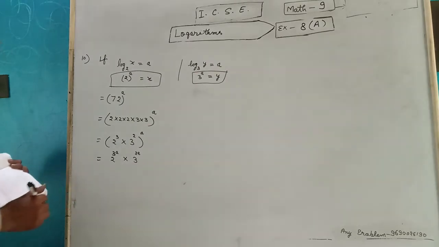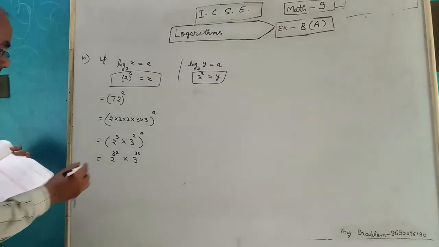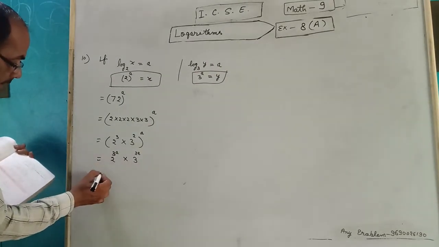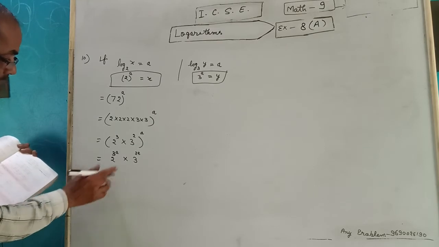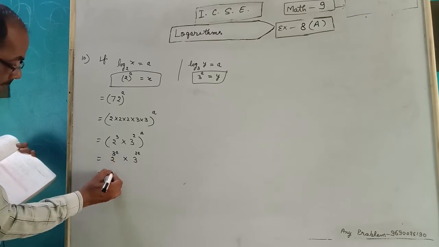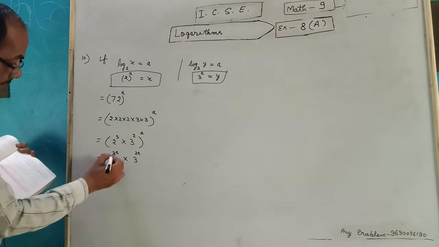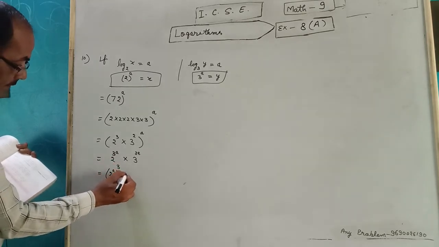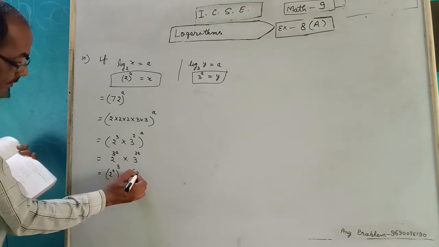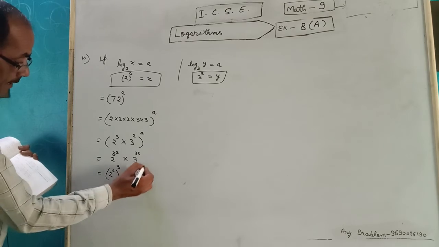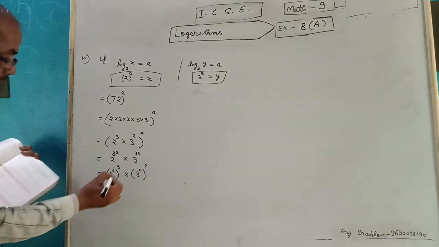We put the value 2 as power a is equal to x. Make this form 2 as power a, power 3, into 3 as power a, into square.